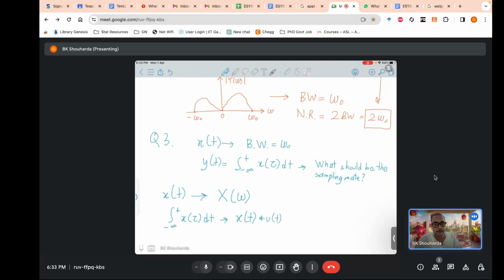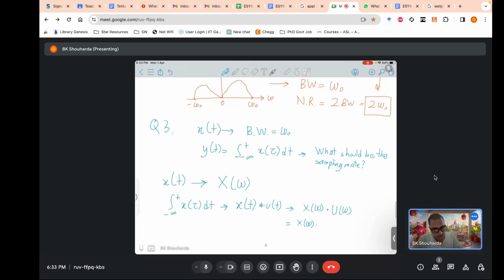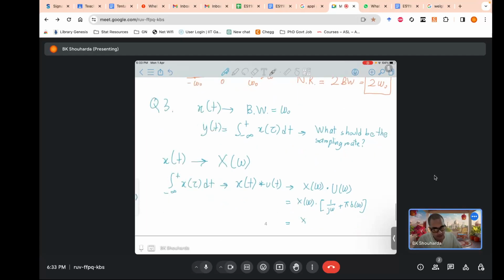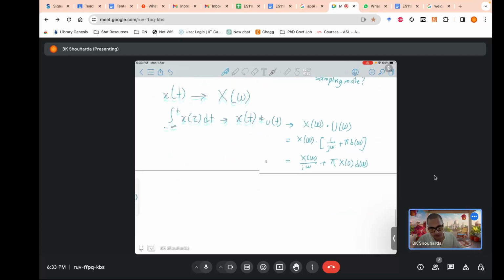So in the Fourier domain we have multiplication: X of omega into U of omega, which is X of omega times 1 upon j omega plus pi delta omega. Okay, how does it look? X of omega by j omega plus pi X of omega times delta omega. Delta omega will shift it to omega equal to 0, so we get X of 0 delta omega.